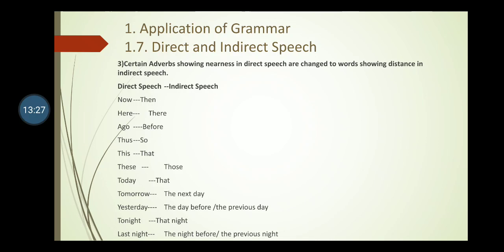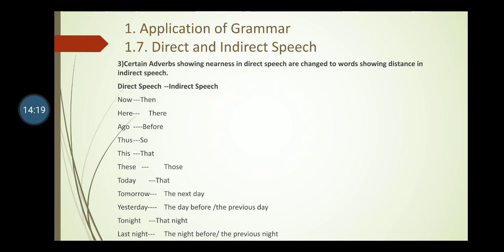In tenses, V1 becomes V2. Simple past becomes past perfect. Past continuous becomes past perfect continuous. Will, shall become would. In pronouns: I, me, we, us, you, he, him, she, her, it, they, them. And some adverbs which show nearness change: now, then; here, there; ago, before; thus, so; this, that; these, those; today, that day; tomorrow, the next day; yesterday, the day before, the previous day; tonight, that night; last night, the night before, the previous night.